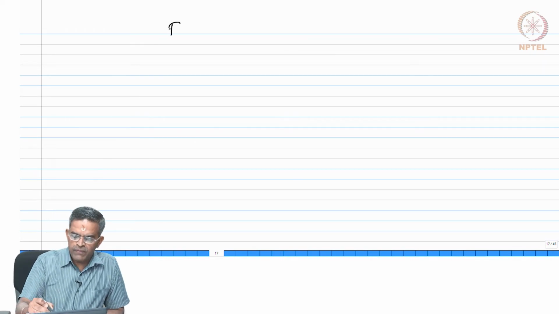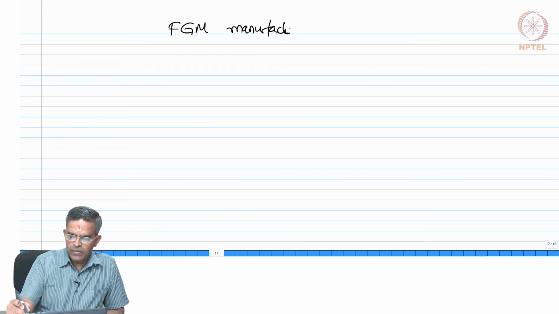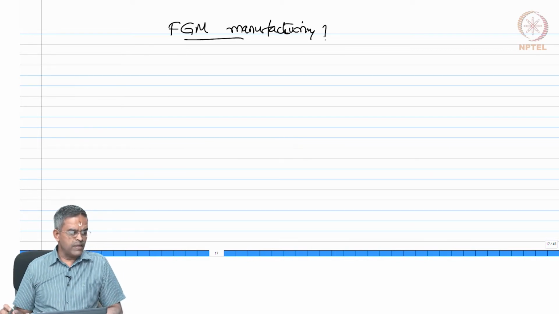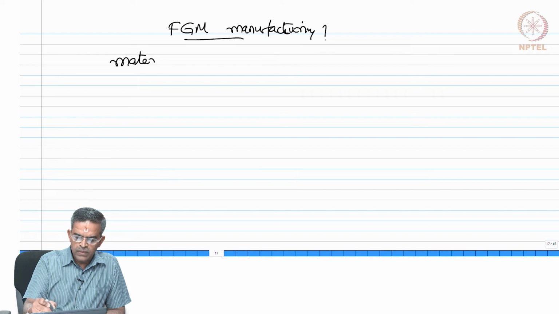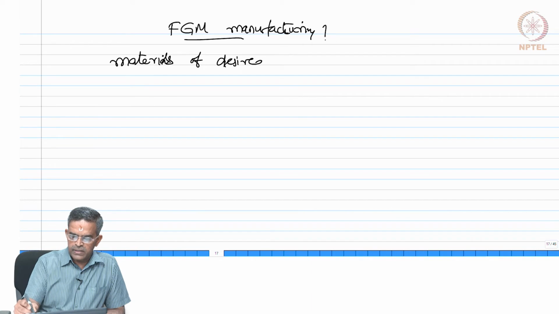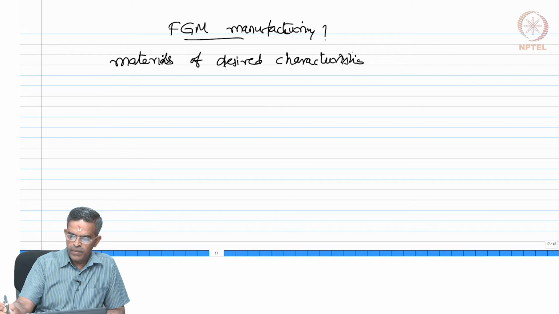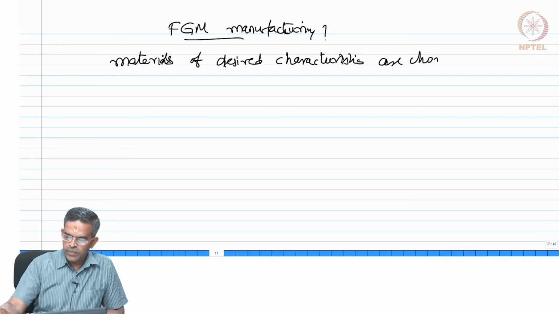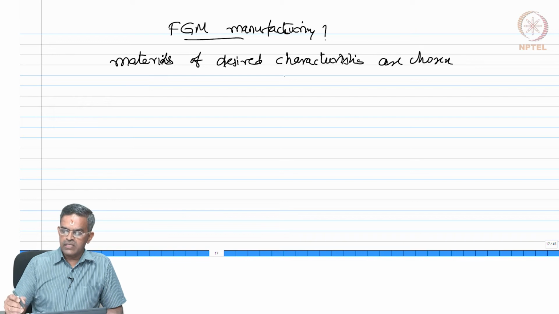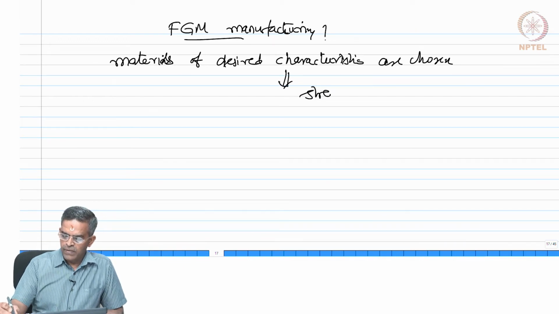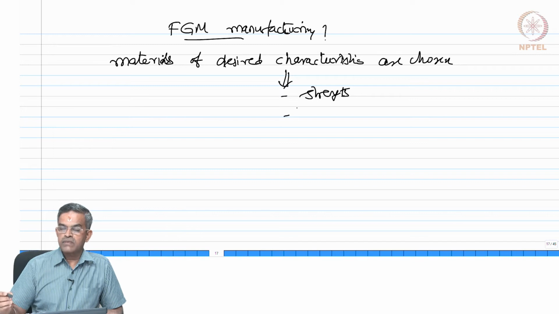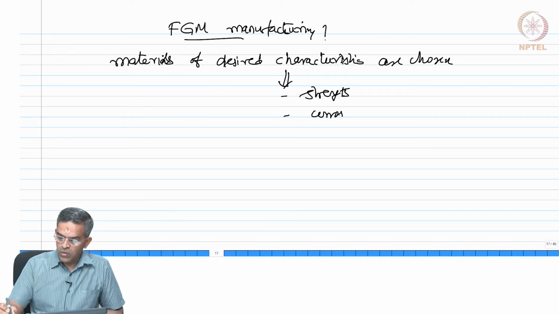What do we do in FGM manufacturing? In FGM manufacturing, materials of desired characteristics are chosen. What are the desired characteristics we need? We already said that. The constituent material should have strength and should have corrosion resistance.